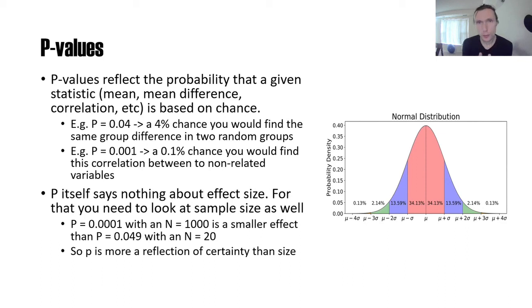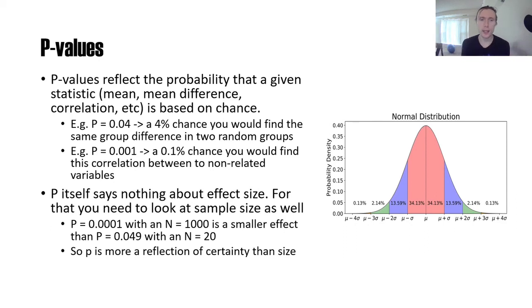So when you read a paper and they find a significant difference, that significant difference means that they are relatively certain that there is a difference, but it doesn't necessarily mean that it is a big difference. And this is something you see a lot in news articles when they talk about significant differences, that they make this mistake of saying something was really significant, so therefore there is a huge difference.